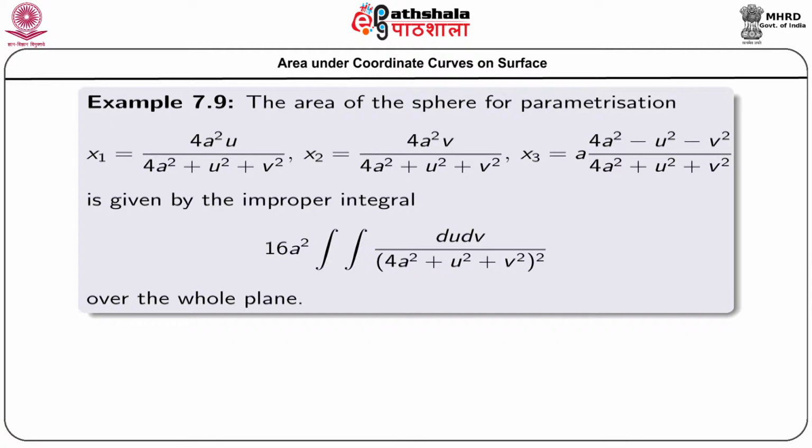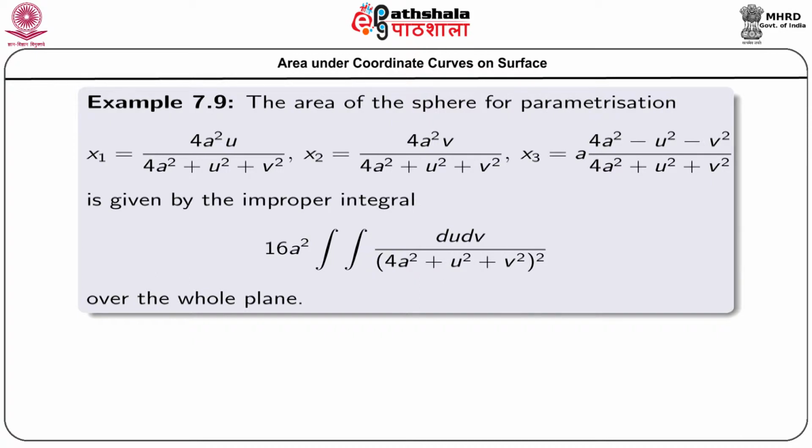Now, let us see the example. Suppose x1 is given by 4a square u by 4a square plus u square plus v square, x2 is given by 4a square v by 4a square plus u square plus v square, and x3 is a into 4a square minus u square minus v square by 4a square plus u square plus v square.